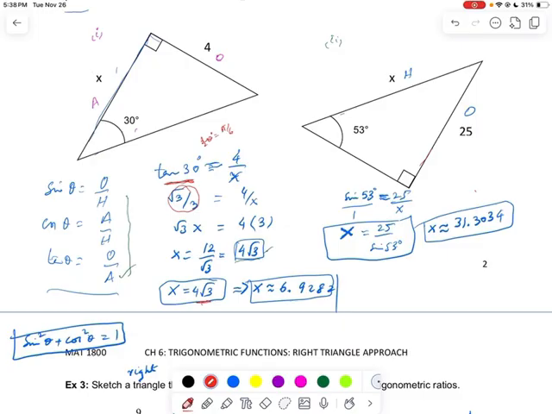Looking at the second example now. So now x is the hypotenuse, and the side that is given is the opposite, and the angle is 53 degrees. Oh, by the way, one important thing I forgot.